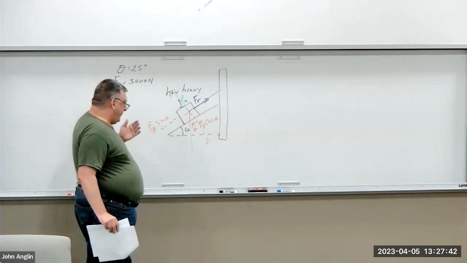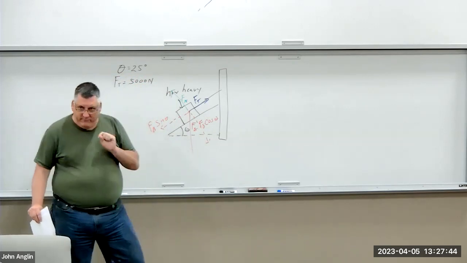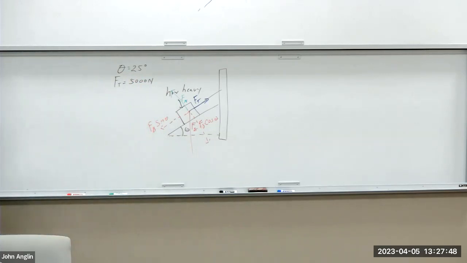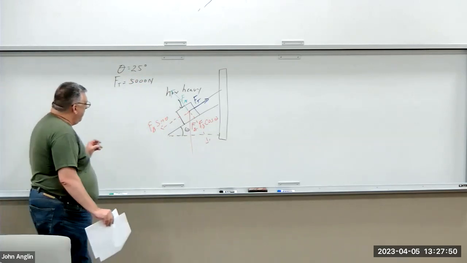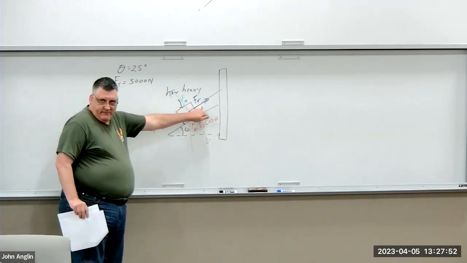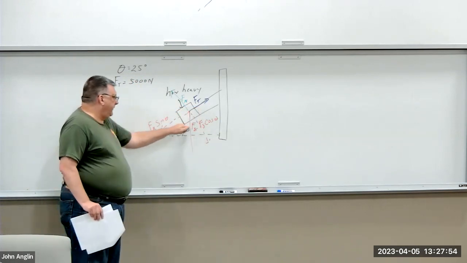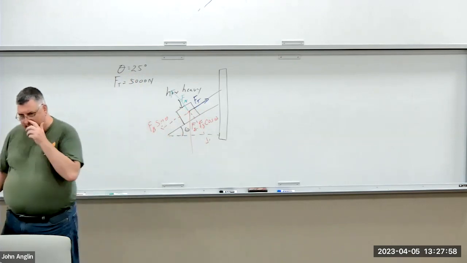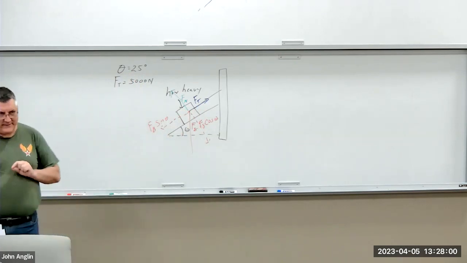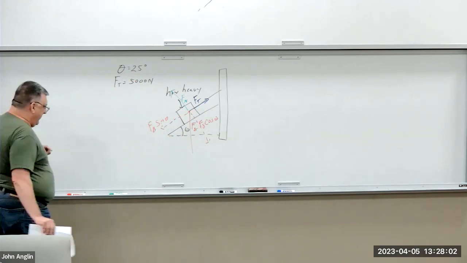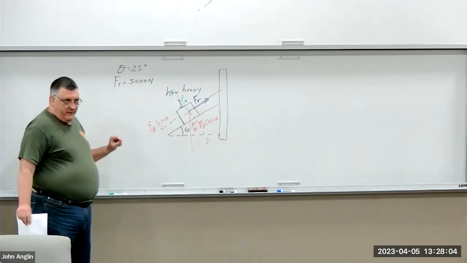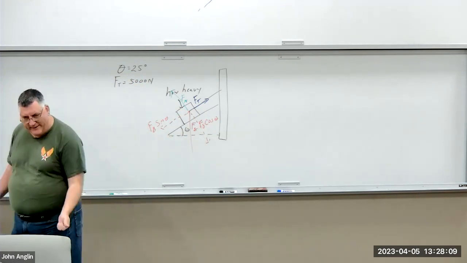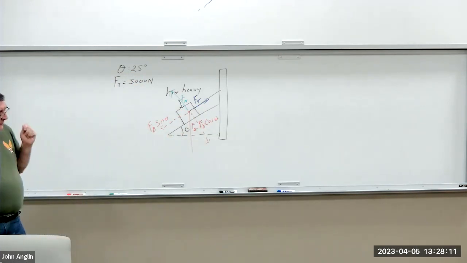So how are we going to do this? We've done tension problems before, and we did this with inclined plane problems. We need to solve for this tension in terms of everything else. Because we know the tension is dependent on the weight, if we know the tension and we know the angles, we can find the weight. So how can we do that?